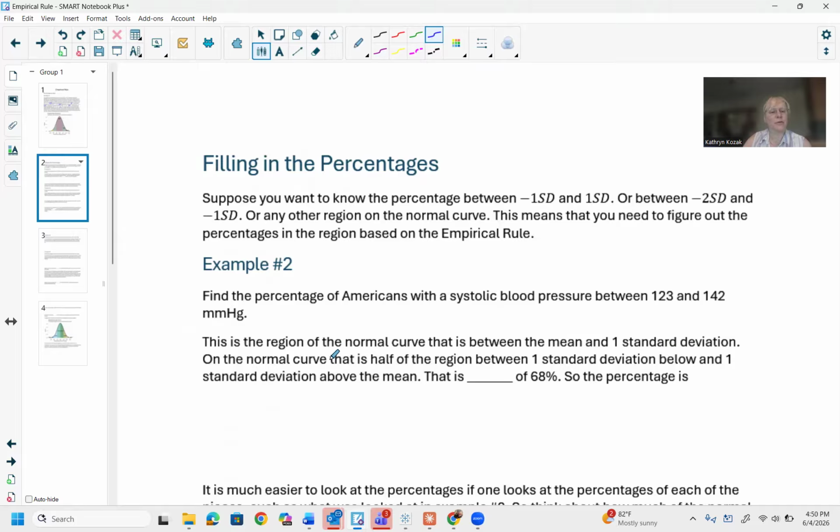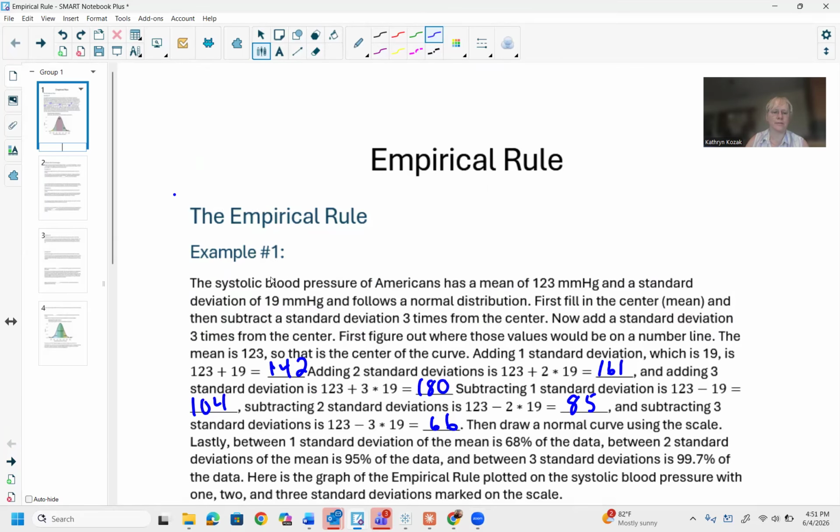So in example 2, let's say we want to find the percentage of Americans with systolic blood pressure between 123 and 142 millimeters of mercury. This is the region of the normal curve that is between the mean and 1 standard deviation. We go back to our curve for a second.